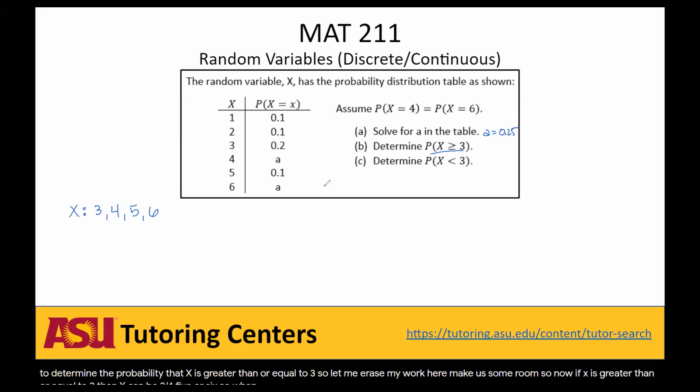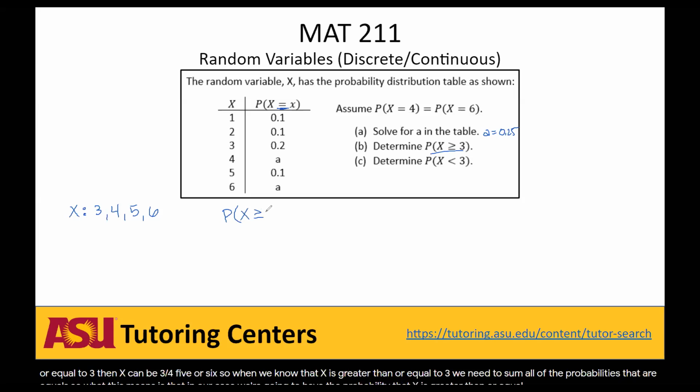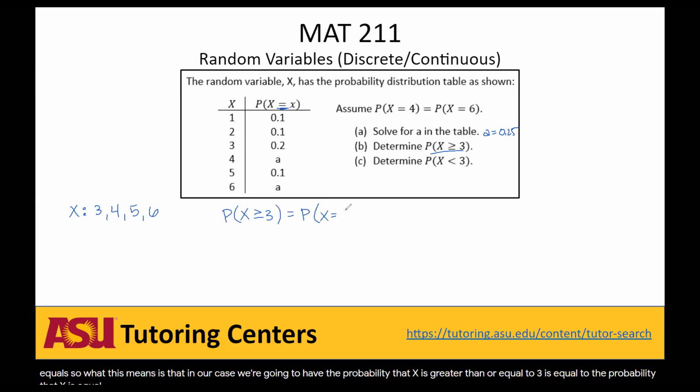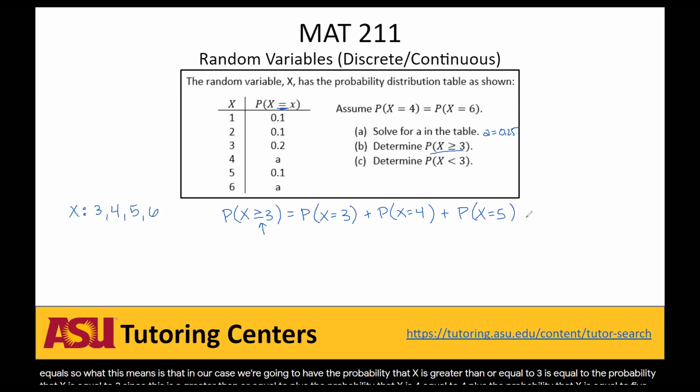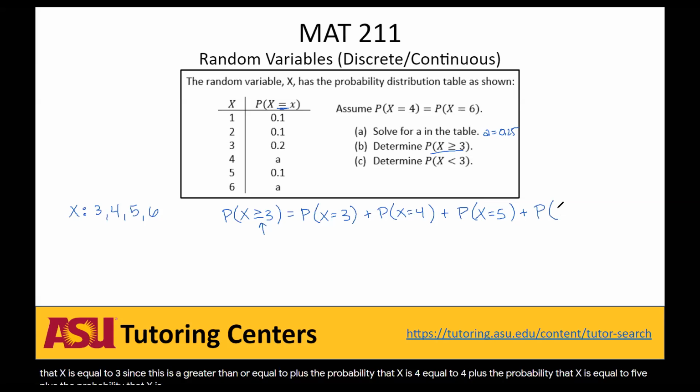So when we know that x is greater than or equal to 3, we need to sum all of those probabilities. The probability that x is greater than or equal to 3 is equal to the probability that x is equal to 3, since this is a greater than or equal to, plus the probability that x is equal to 4, plus the probability that x is equal to 5, plus the probability that x is equal to 6.